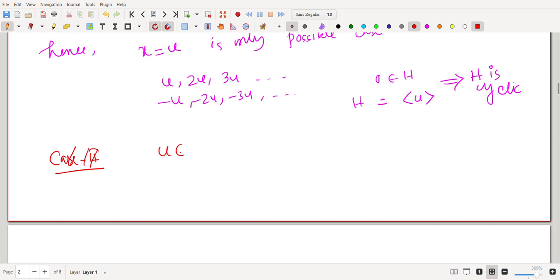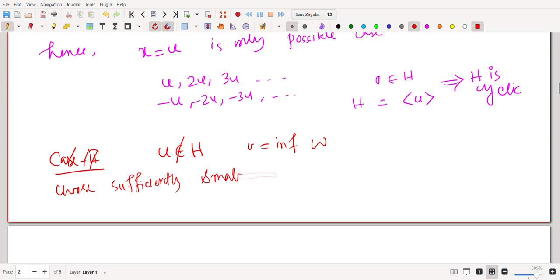If U doesn't belong to H and U is equal to the infimum of W, choose a sufficiently small epsilon greater than 0 such that epsilon is less than U. I can choose it because U is a positive number, as I am already assuming. So I can choose epsilon smaller than U.